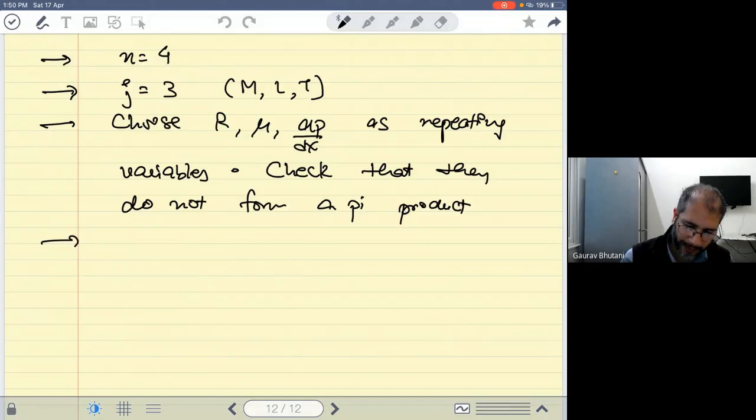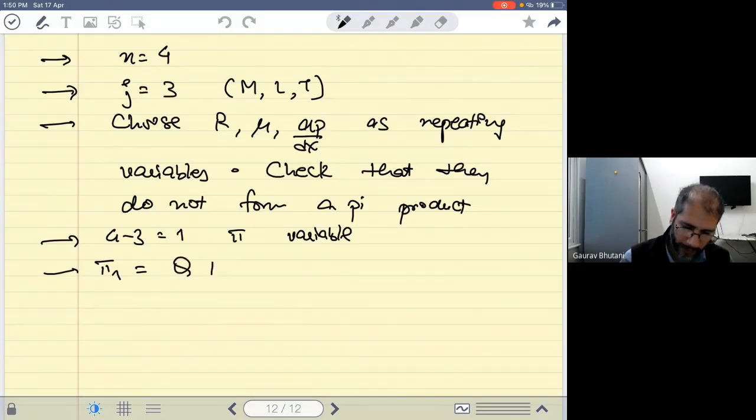So once we have done that, then we can find 4 minus 3, which is equal to only one pi parameter. So only one pi possible, that is pi 1. So pi 1 is Q, and then you can have your R to the power of a, mu to the power of b, and dP by dx to the power of c.